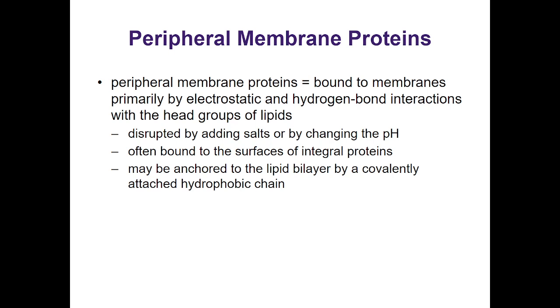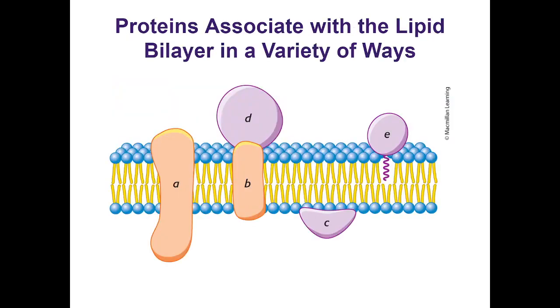So you can have them bound to the integral protein, which would then serve as its anchor, to keep it attached. They may be anchored to the lipid bilayer by a covalently attached hydrophobic chain. We saw hints of that with the sphingosine when we were looking at that. This right here is the overall diagram.